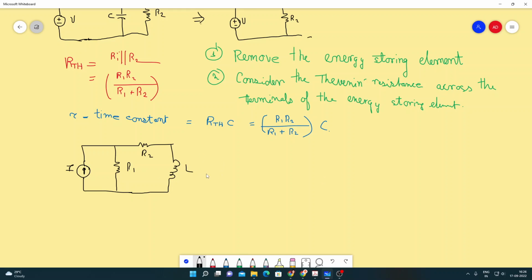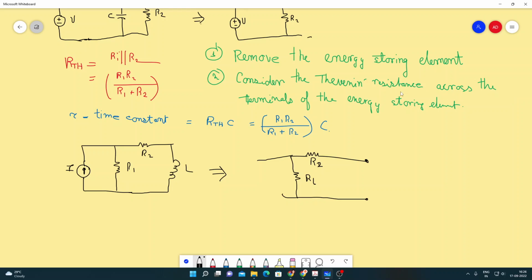So removing the energy storage element, we have R1, this is open, this is open. Oh sorry, this is R2, this is R1, and we have a current source here.